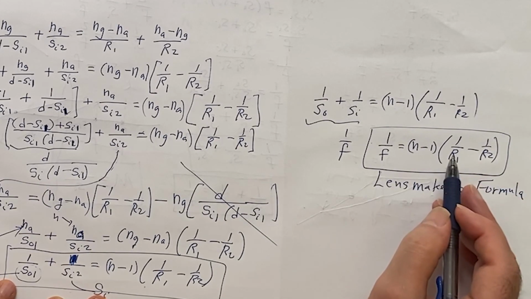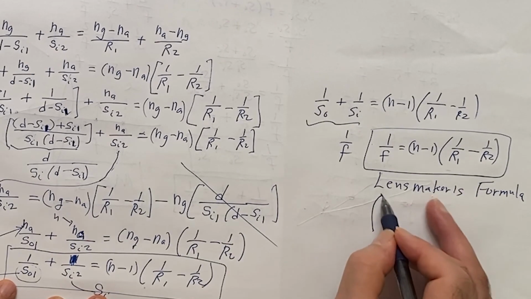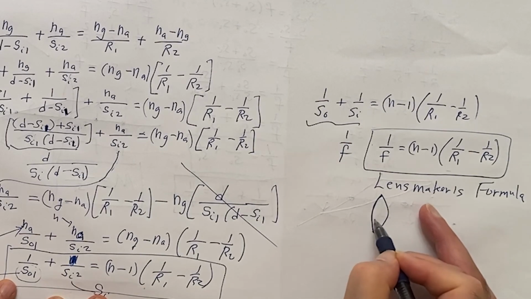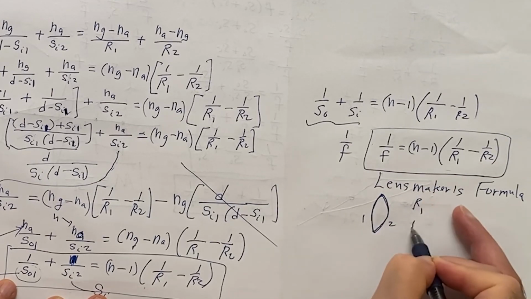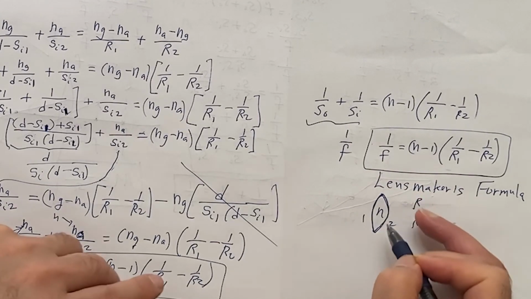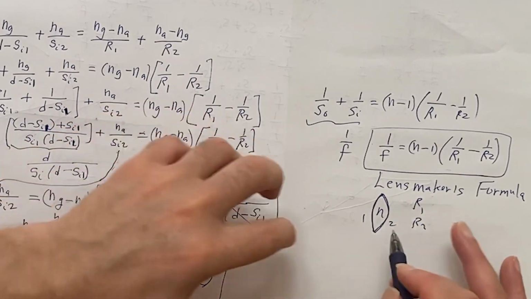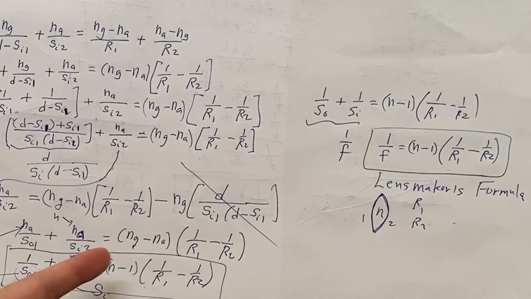I wanted to show you this beautiful formula: if you have the cuts, here's the cut here, like a radius of curvature R1, and then you have a cut here at R2, and then you have the index of refraction. Then the lens maker uses those input parameters to figure out the focal length of the lens you're making.